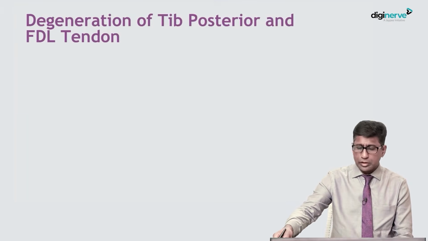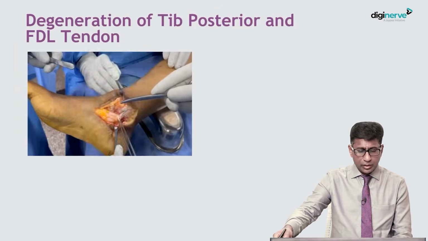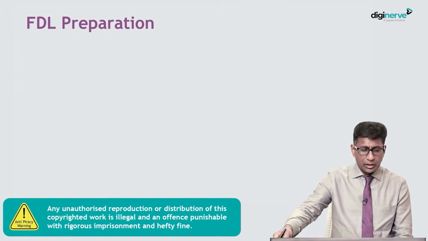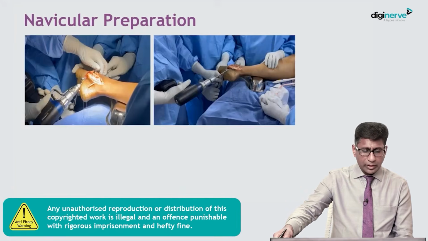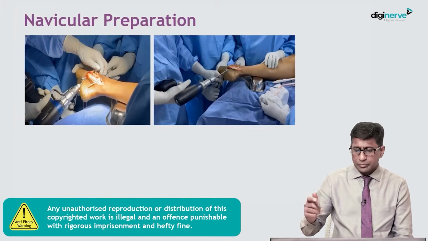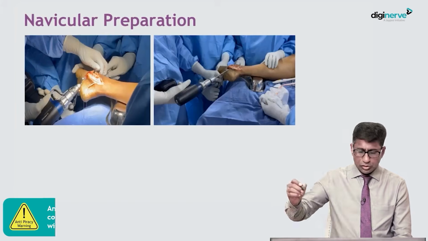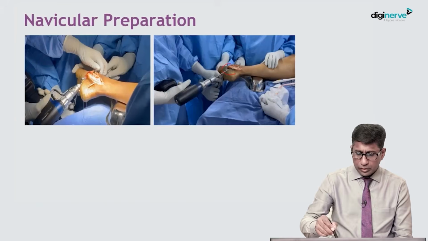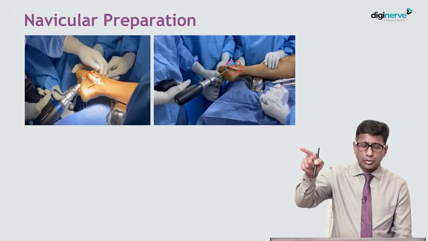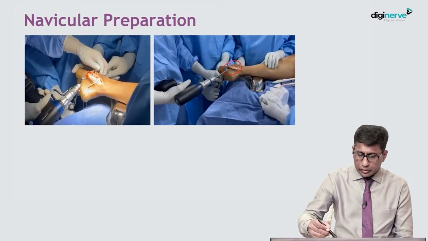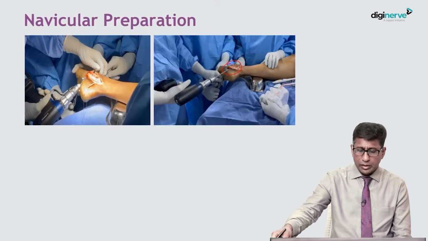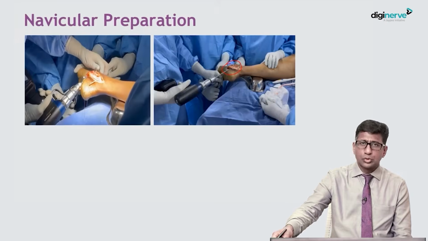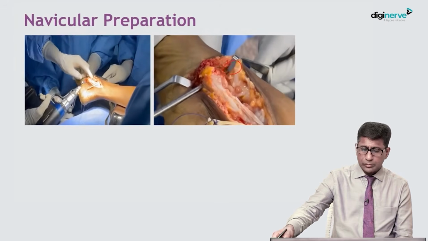So remove all the degenerated tibialis posterior tendon, and the FDL tendon can be prepared. We can make a hole in the navicular bone, reroute it to the talus, and fix it from plantar to dorsal side. You can see that is the talus bone. We reroute the FDL through from plantar to dorsal side and fix it with the interference screw, so that the FDL can act in place of the tibialis posterior.